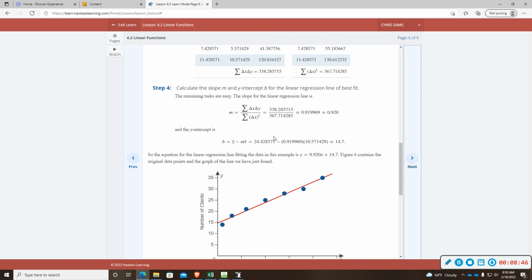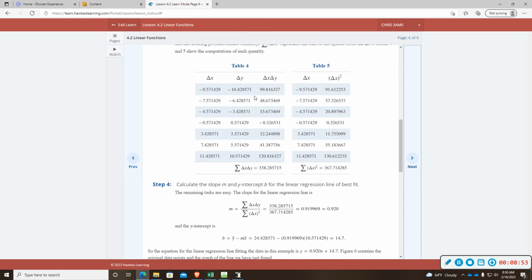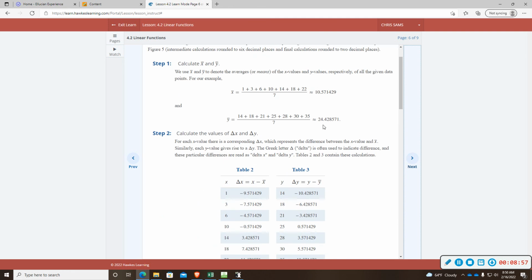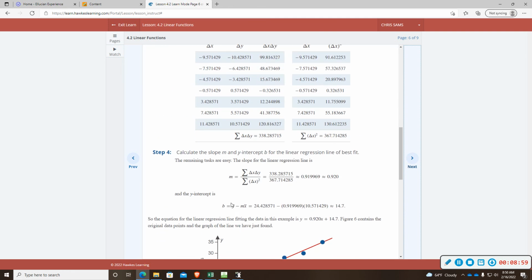Okay, 24 is Y bar. Sorry, that's what confused me. 24 is the Y average that we got up here. So that's what this formula is: the Y average minus M times X bar. So this is the slope that we get. That M, that number right there, that 0.920, is this number. They just use the whole thing. So they're using it in the slope form, Y equals MX plus B, to figure out B. And that's how they get B.